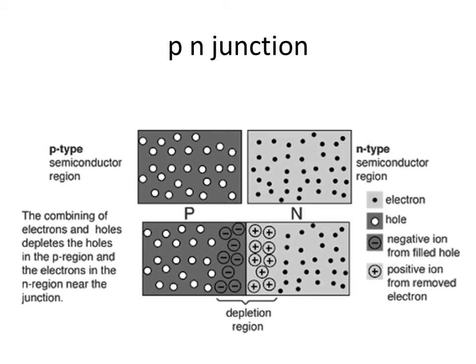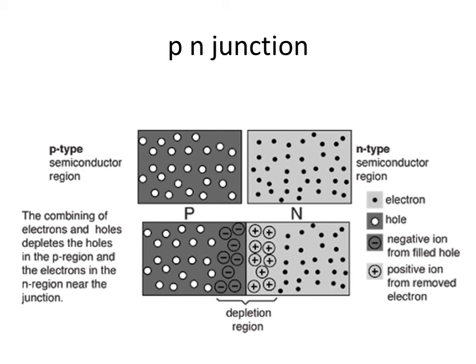Just imagine one electron moving from right to left. When it reaches the left side, there are already many holes. So when the free electrons come, they will meet the holes, recombine and disappear. That is what happens when we form a PN junction.